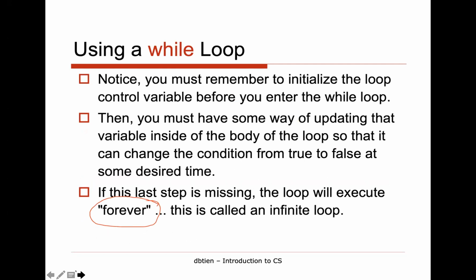When you keep looping, at some point it must be false, otherwise it will become an infinite loop. It will go forever. So be very careful about that, especially when you are new to programming, if you miss the case that it will be false forever.